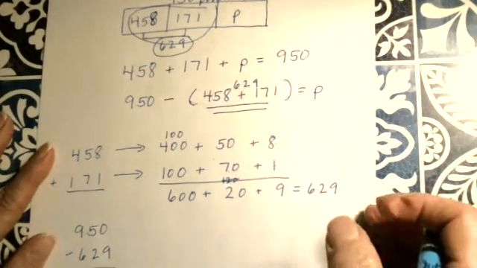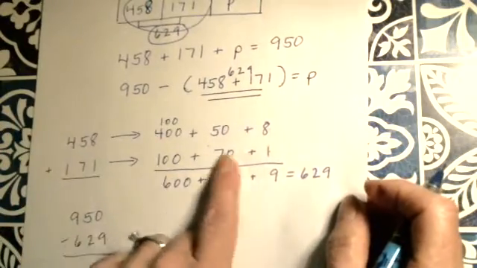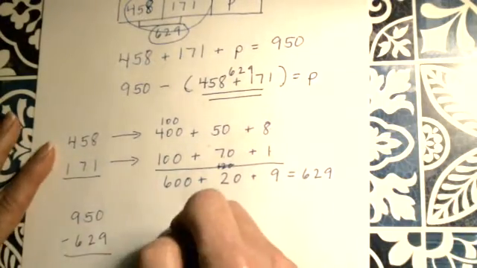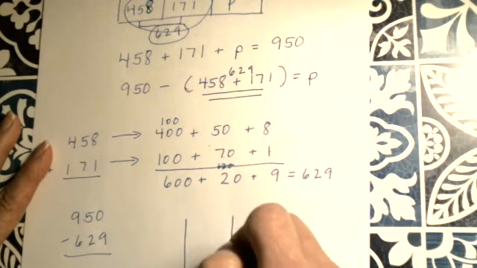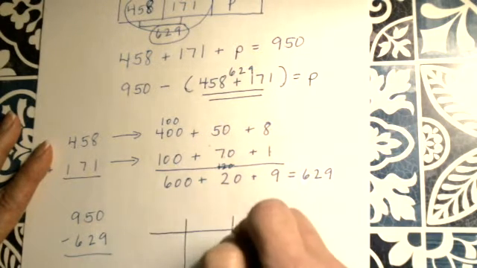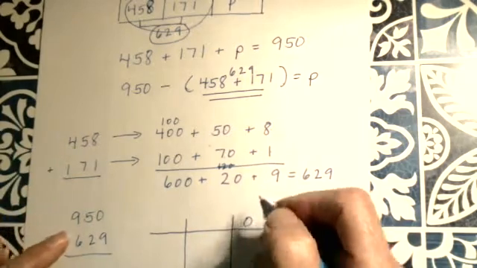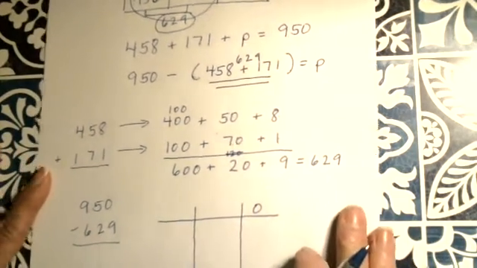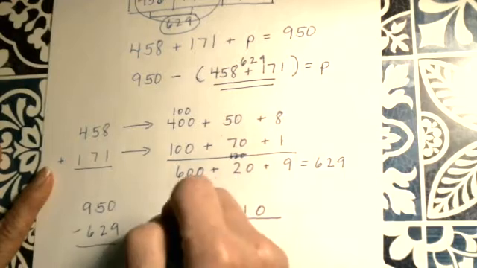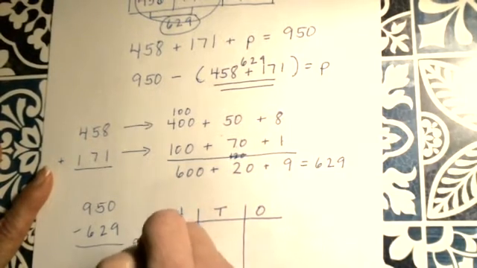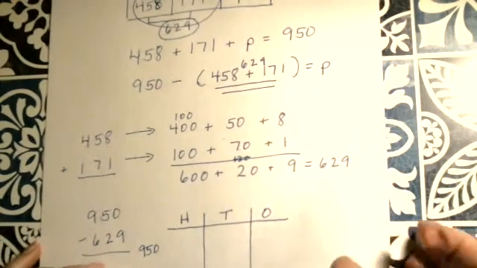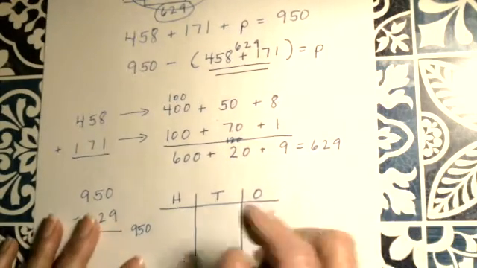Since I've been doing a lot of the expanded form, why don't I do this with the place value chart? Because I do know that some of you prefer that. Ones, tens, hundreds. So first I have to show 950 in the place value chart.